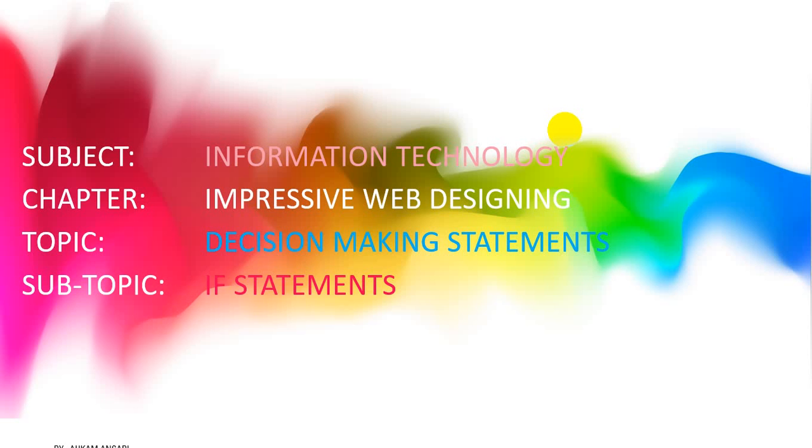Not only in JavaScript, all programming languages have this type of decision making statement, and it is called the if statement. It means if this thing happens, then we will do this thing. On the basis of a certain condition, we follow the next step or the next code.